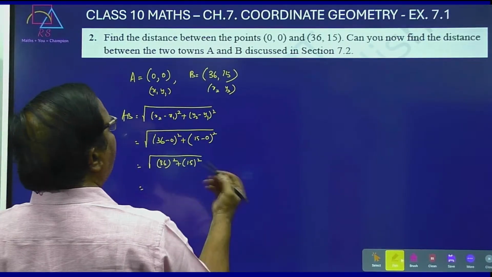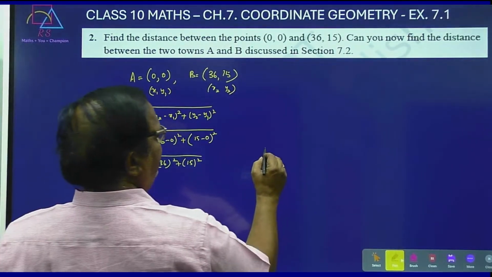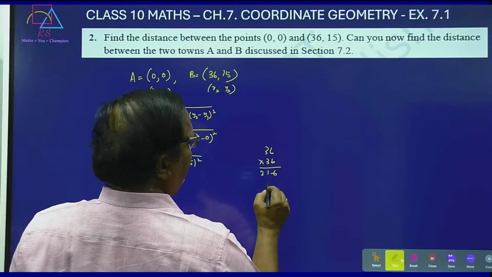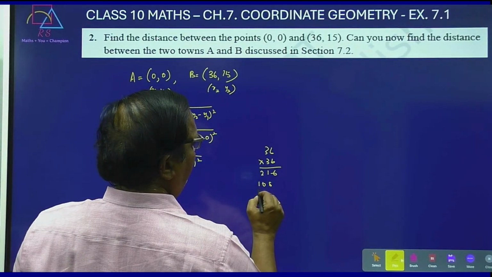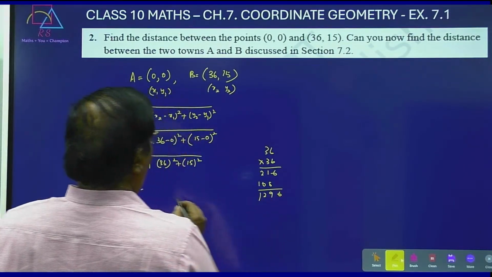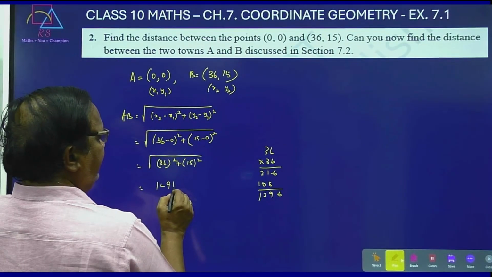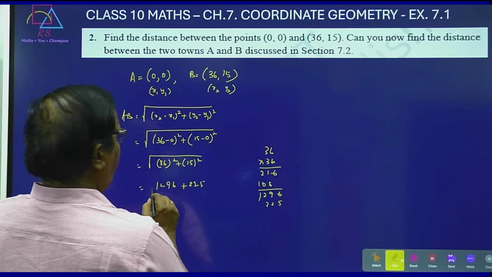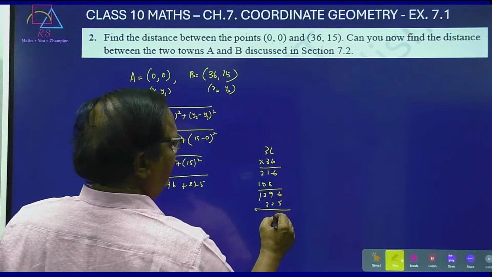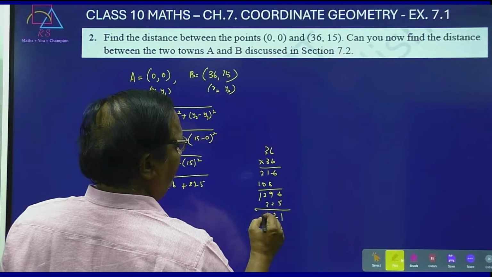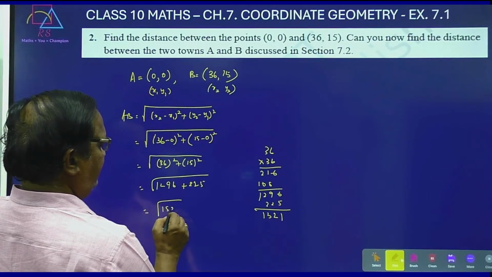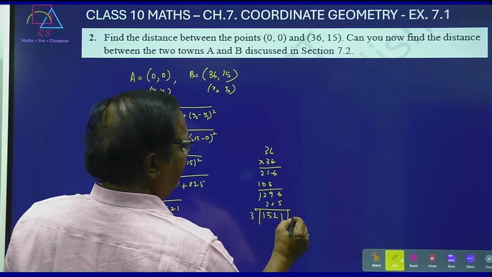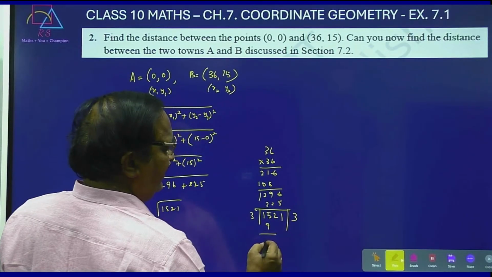So 36 whole square we need. 36 into 36, 36 times 18 twice. So 1296 plus 225. Okay. So how much? It is equal to 1521. Now let us check whether root is there or not. You should be able to find out the root also.